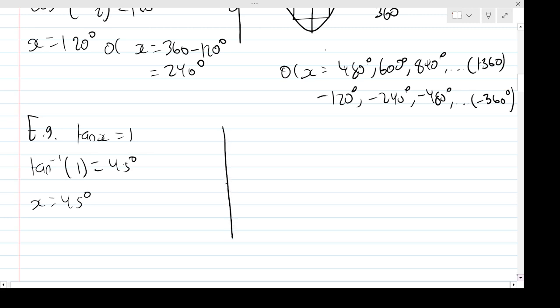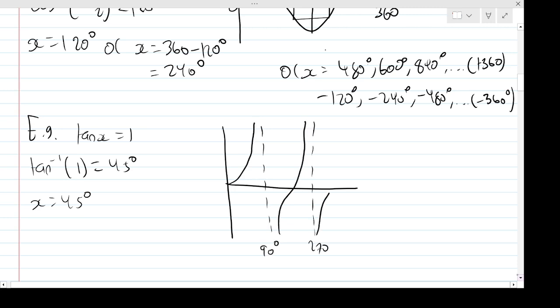Then if we consider the tan graph, it looks like this. 90 here, 270, and there we are, 360 there. Now, 45 would be about there, right?